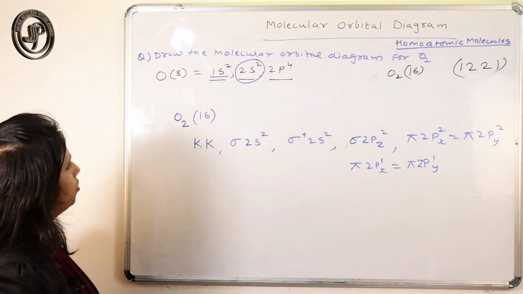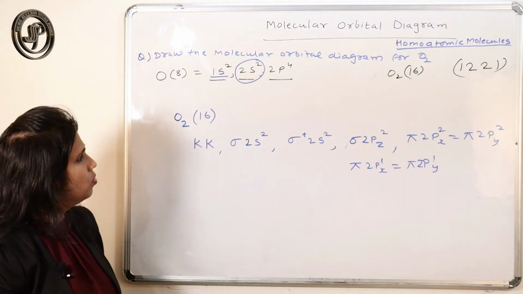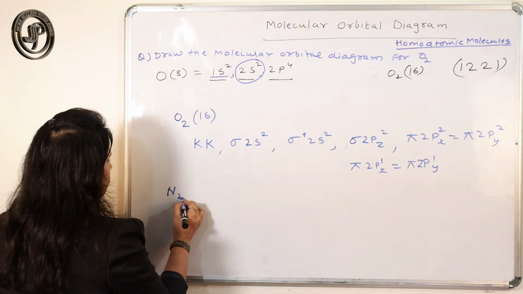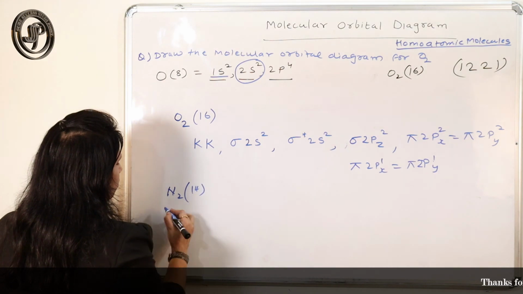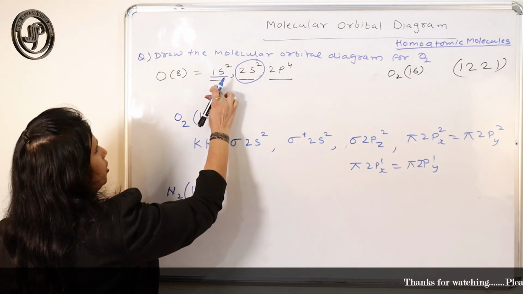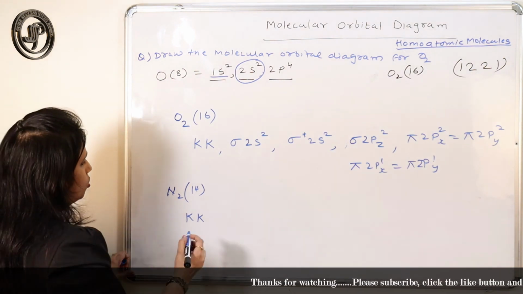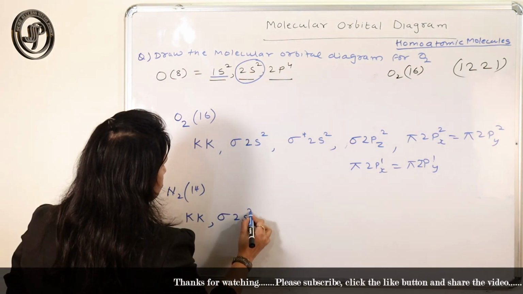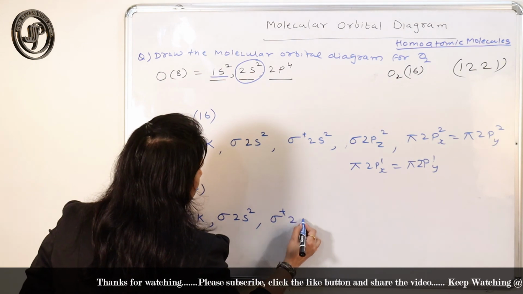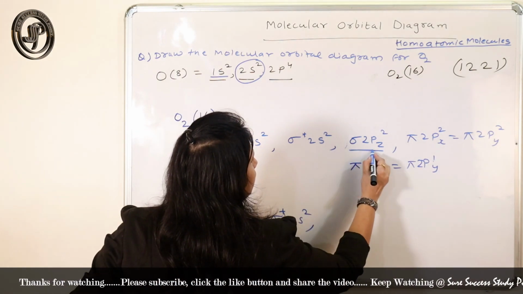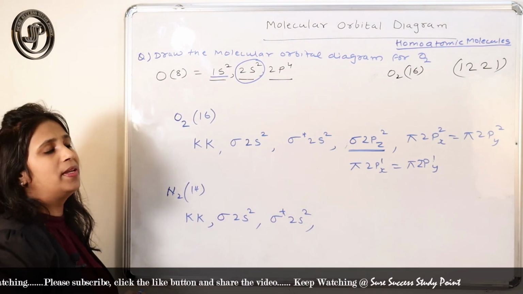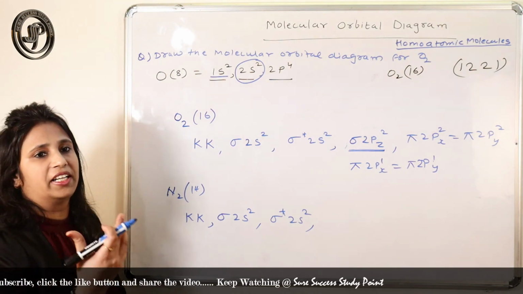So that is the molecular configuration for O2, and for N2, what did I tell you, 14. So we can use KK for this. The sigmas will be the same, sigma star. So here the energy of 2pz becomes slightly greater than this.